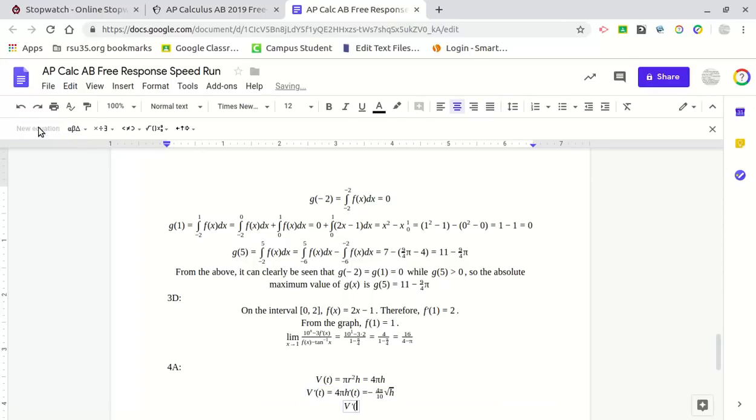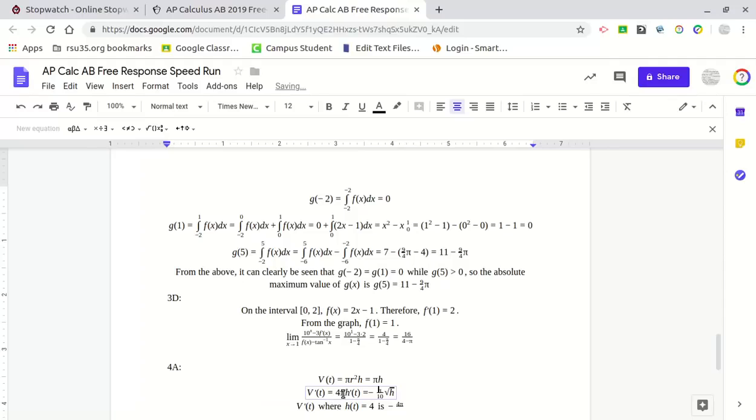So V prime of t, where h of t equals 4, is negative 4 pi... Oh, sorry, the radius is 1, so this is pi h.